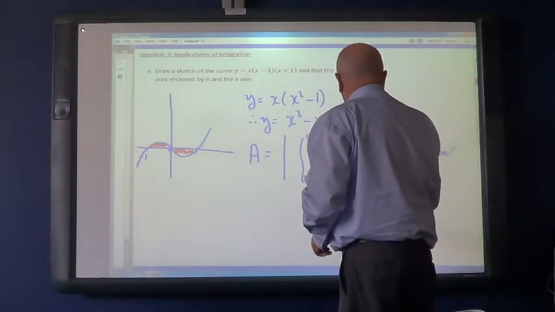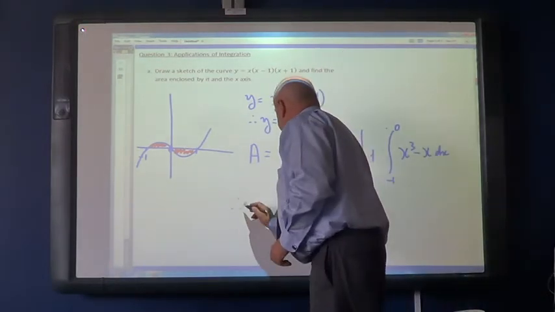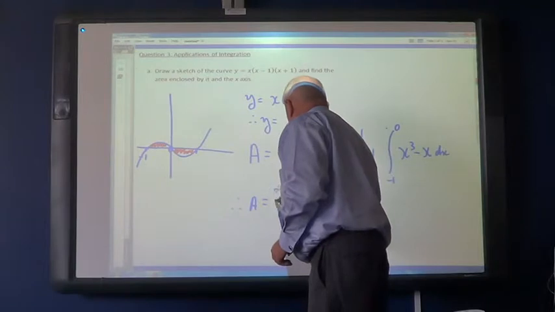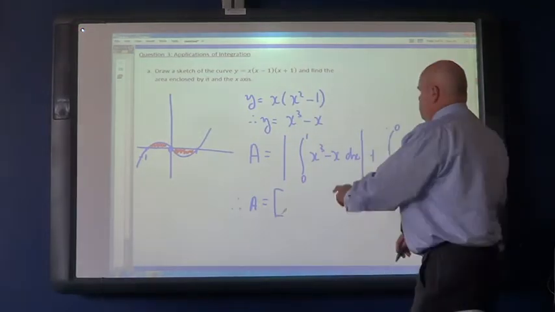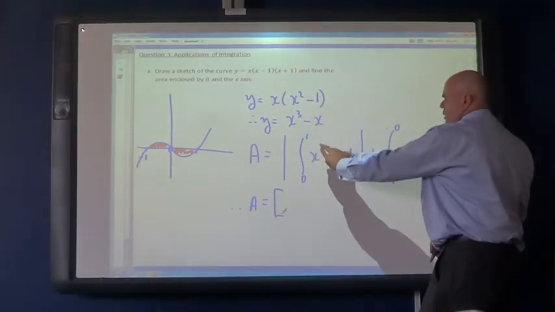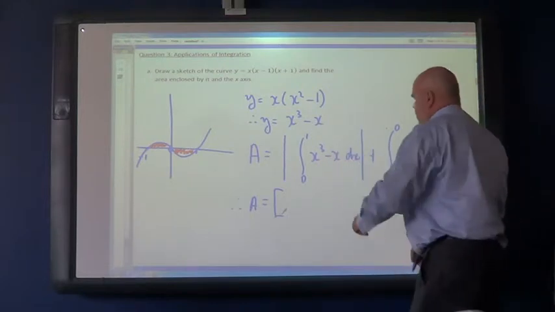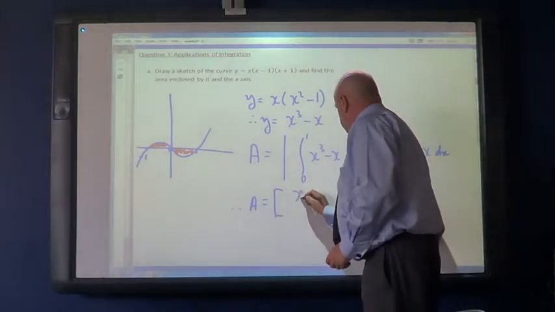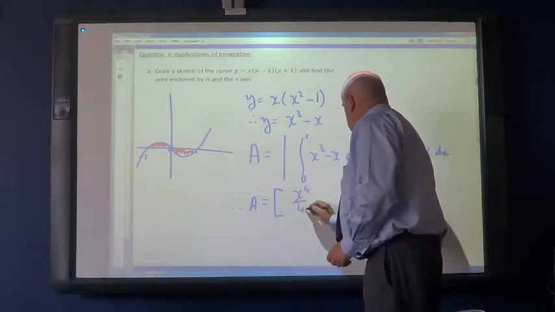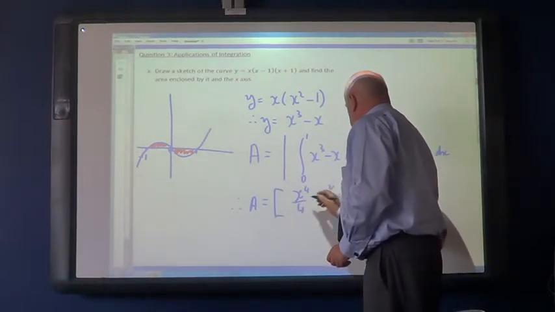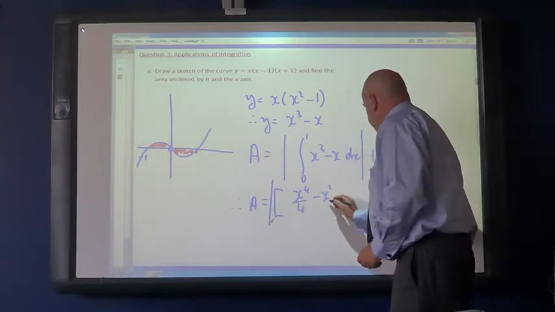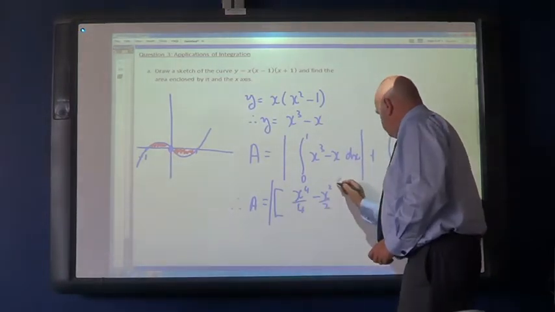Alright, so let's do the integration. Therefore, the area is equal to, using square brackets, x to the power of 4 over 4 minus x squared over 2.